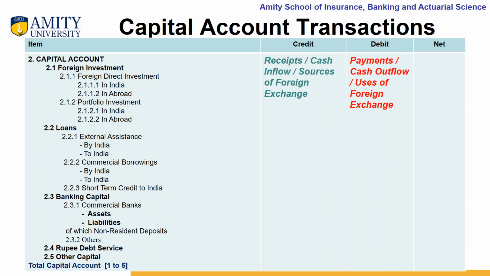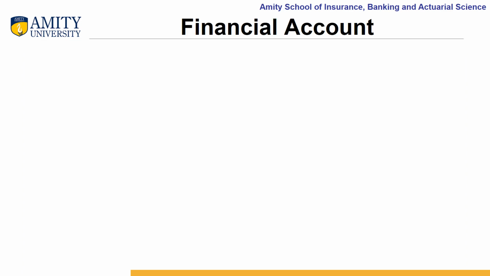Here, the rupee debt service means the cash required to pay back the principal and interest of outstanding debt for a particular period of time in terms of Indian rupees. Or we can say rupee debt service are debts to be repaid in rupees to foreigners by Indian residents, which will include both civilian as well as non-civilian debt.